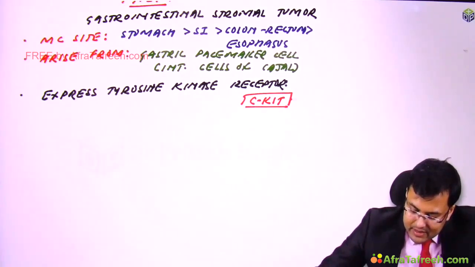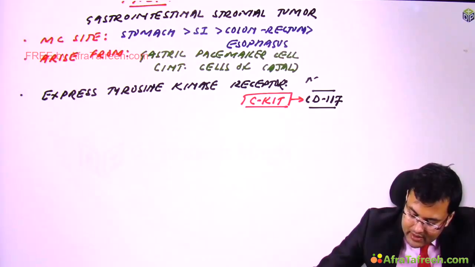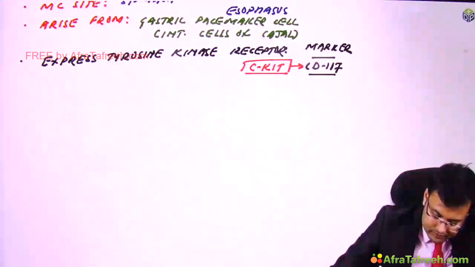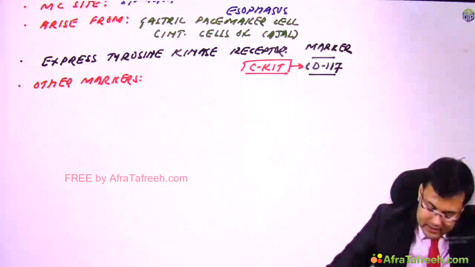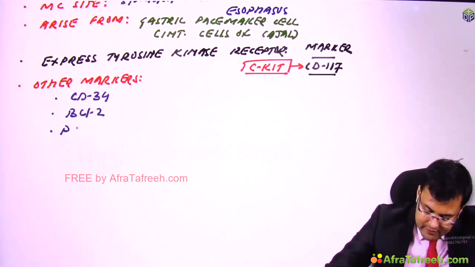It express the marker. The marker is CD117. So this is the marker for this receptor. What are the other markers which are raised? Other markers for this tumor, there is CD34, there is BCL2, and there is PDGFR alpha.